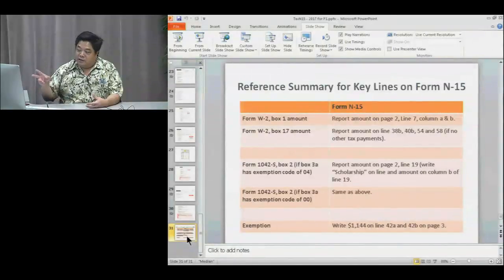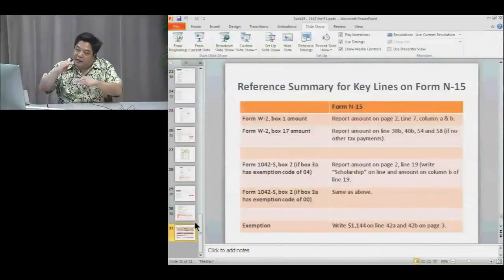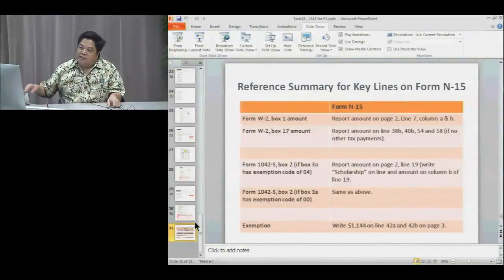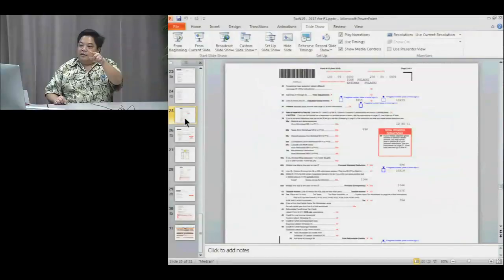But this is only to help you with what's on the W2, and there are other lines you need to add. These are the key transfers of numbers from W2 to N15, but you still need to add and subtract where needed. You don't just fill out those lines. If I say put it on line 7, then they ask, what is the amount from 7 to 13?